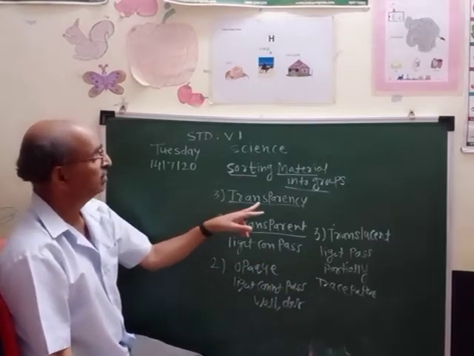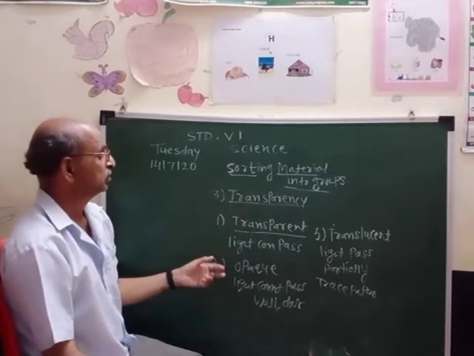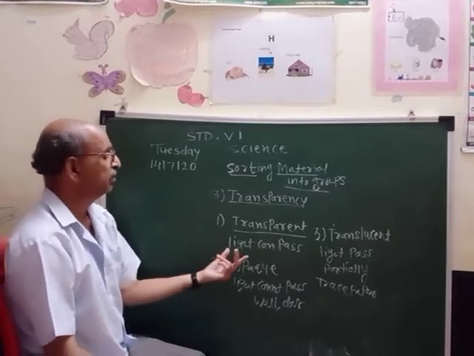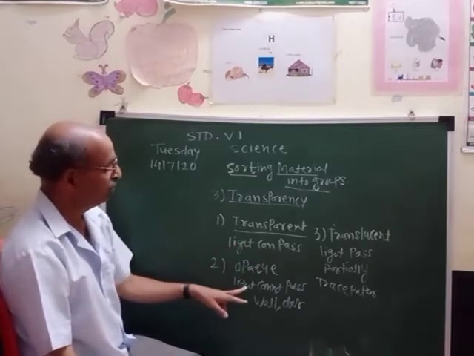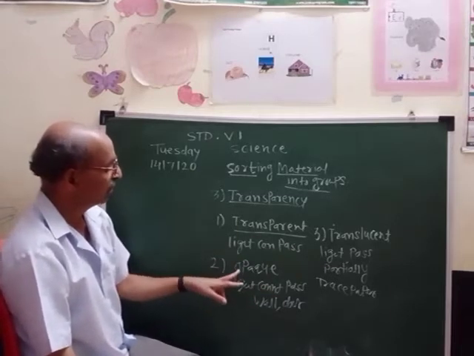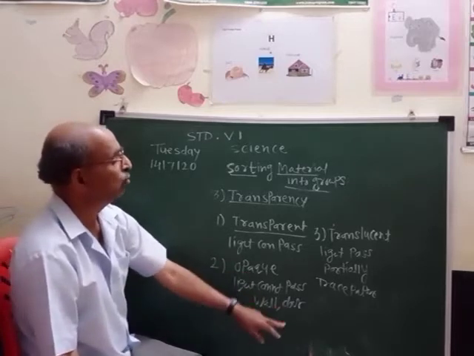So transparency is the property on which we can make the groups. The first group is transparent, through which light can pass. The examples you know are mirror and glass. The second is the material through which light cannot pass, meaning we cannot see to the other side. That type of material is called opaque, and the examples are wall and door.